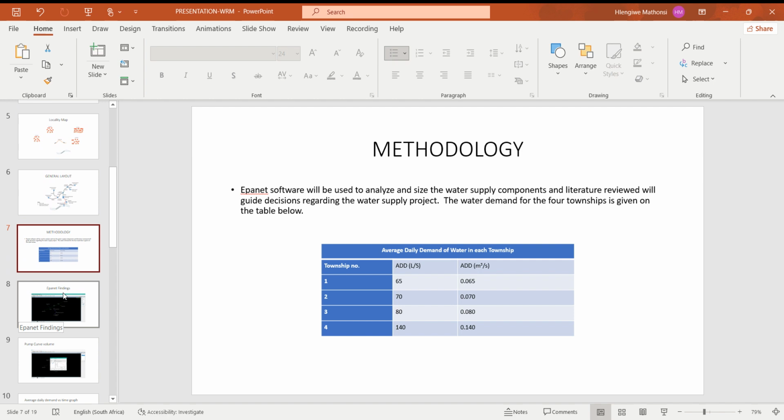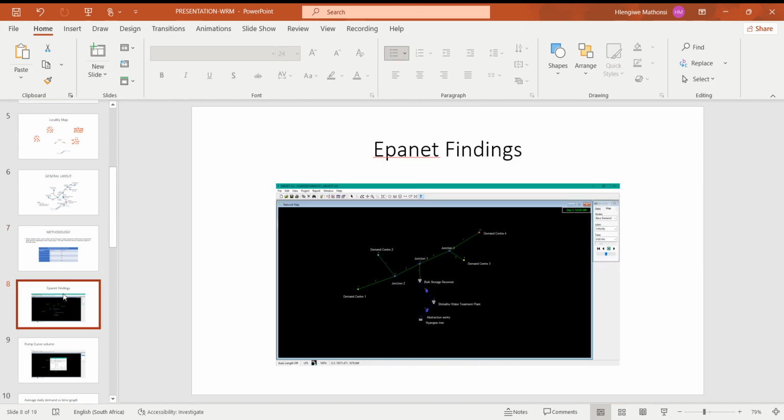I then downloaded the EPANET software and started using it, following the general layout that was given to us. This is how I laid out my network, showing all the demand nodes and the bulk storage reservoir, the Shikalo water treatment plant, the abstraction works, and the Nyango River as the source.